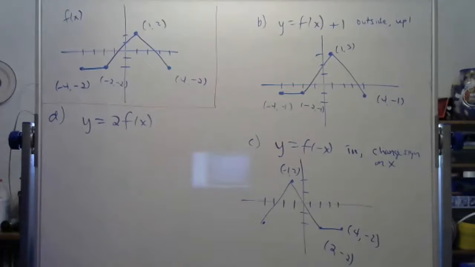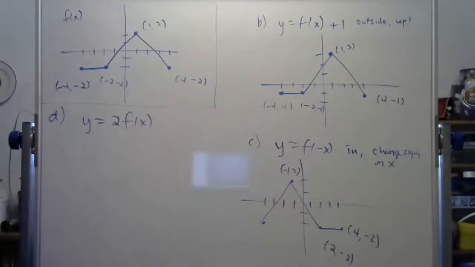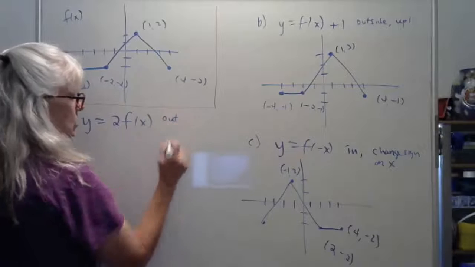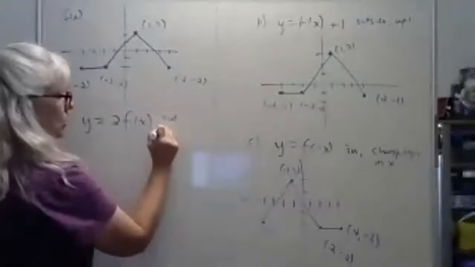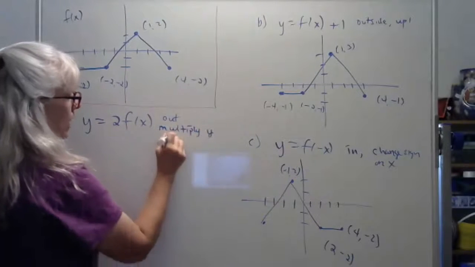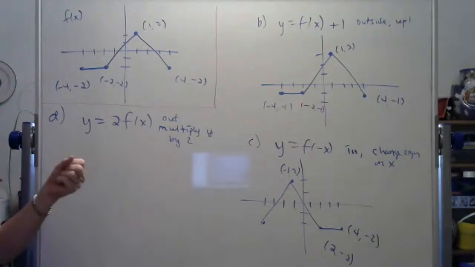Is that 2 on the inside or the outside? Outside? Good. Because it's outside, we know it's going to change things in the y direction. So what we're really going to do is multiply y by 2. So every single y value is going to get doubled.